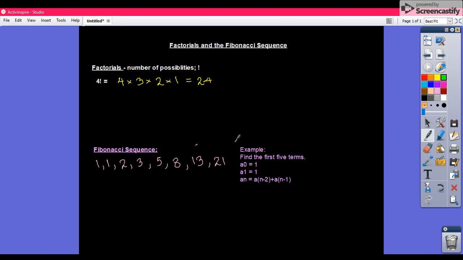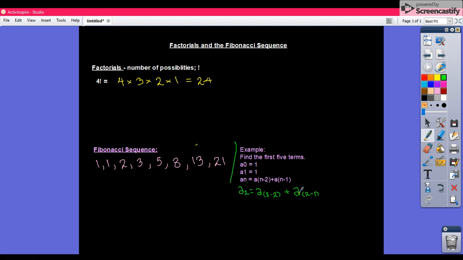So in an example here, which I'm going to separate, I'm telling you the first term is 1 as well as the next term. I didn't write the subscript, but let's just say I'm looking for a sub 2 now because I have a sub 0 and a sub 1. So that means I replace the n with 2. For every single one of them, I'm going to replace the n with 2. So a sub n minus 2 plus a sub n minus 1 becomes a sub 2 minus 2 plus a sub 2 minus 1.